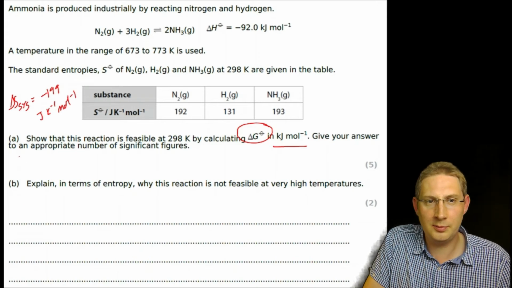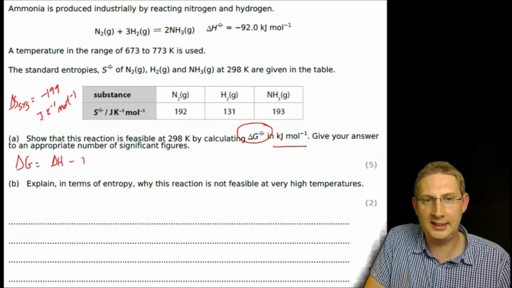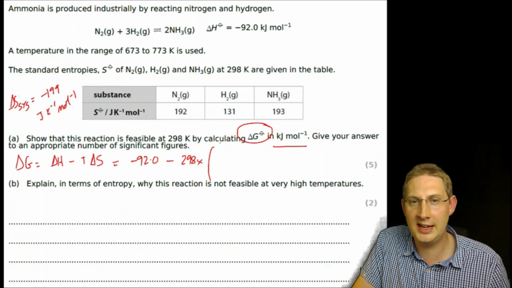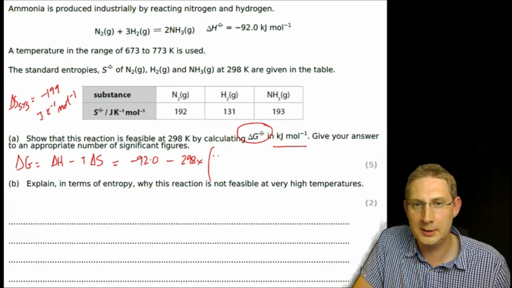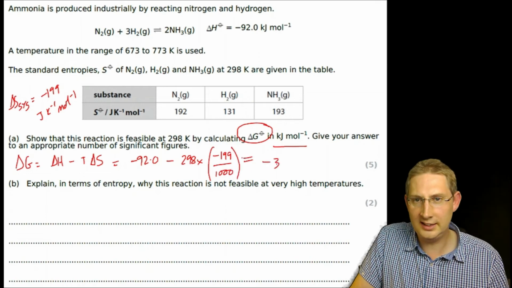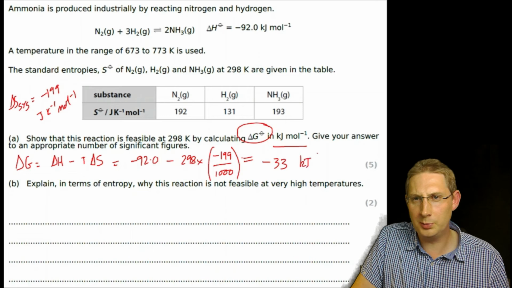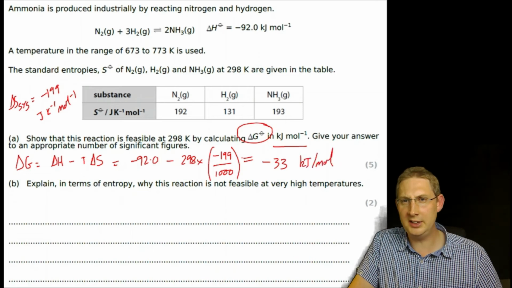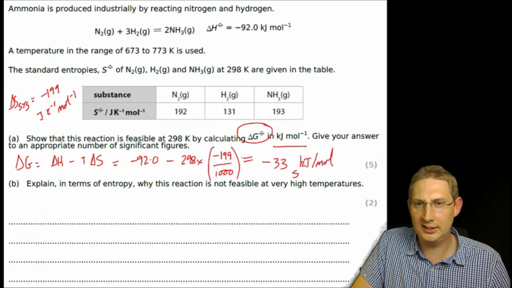So from that we can use deltaG equals deltaH minus T deltaS, which equals minus 92 minus 298 times, don't forget to put the entropy into kilojoules, minus 199 over 1000, which is minus 33 kilojoules per mole. And because this is a negative number, that is spontaneous.